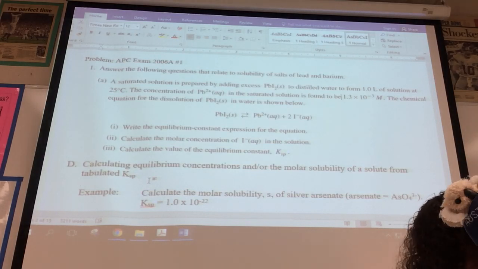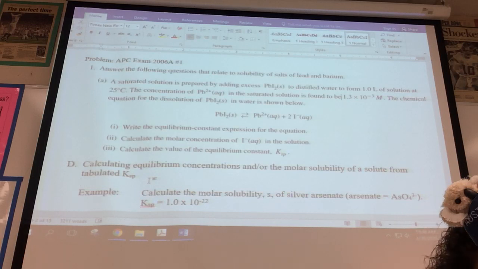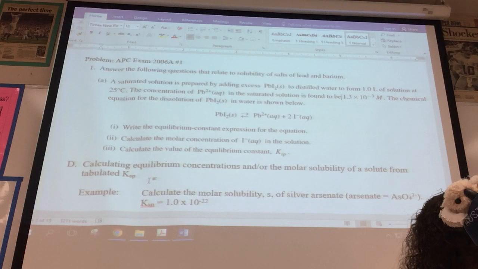Give it a shot. Try and just do little Roman numeral 1. It says equilibrium constant expression, but you know you're writing a KSP, correct? Yes. How do you know? Because the reactant is a solid.